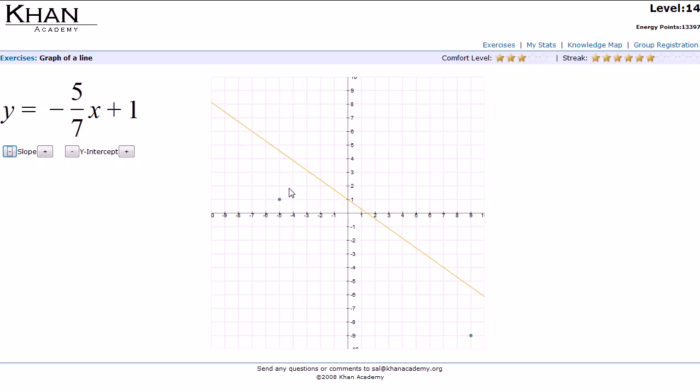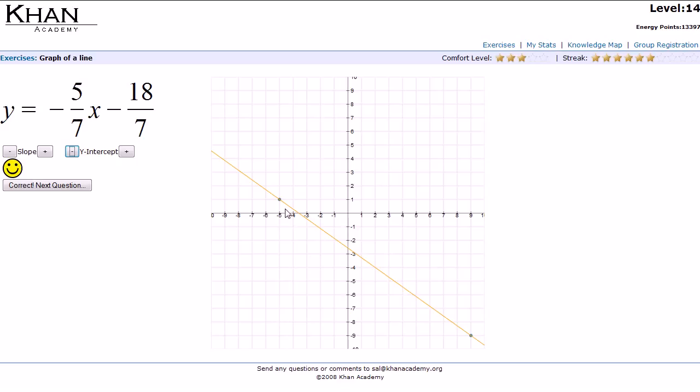That looks about right. So let me shift the graph down a little bit by lowering its y-intercept. By lowering its y-intercept, can I hit those 2 points? There you go. This is the equation of that line that goes to the points minus 5, 1, and the points 9, minus 9. You have a slope of minus 5/7.